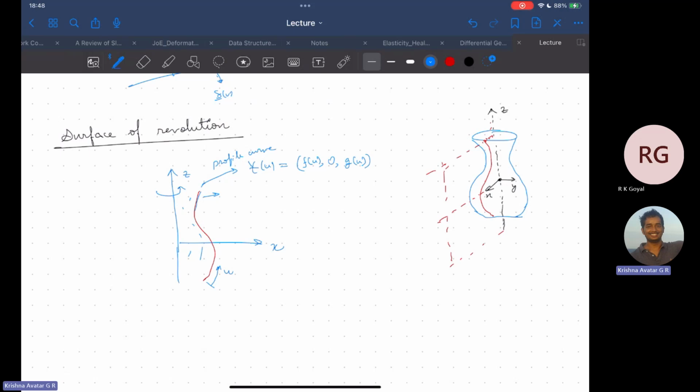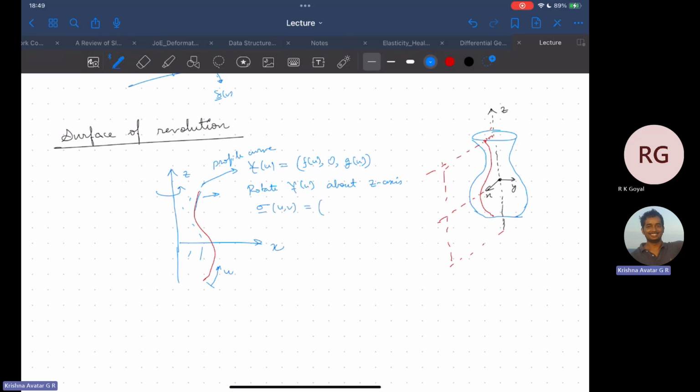Once you rotate this profile curve, then you can define a surface, right? So rotate gamma vector u about the z axis. Then we trace out the surface, which is sigma vector u comma v.